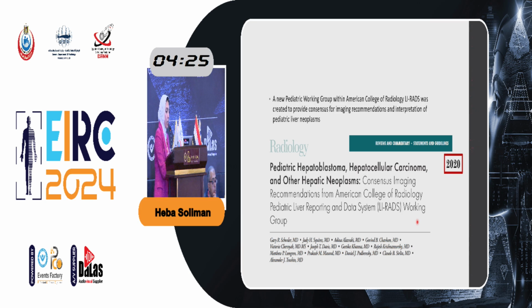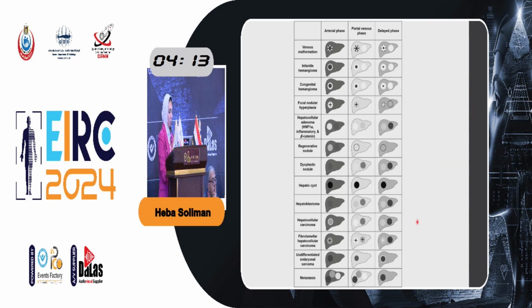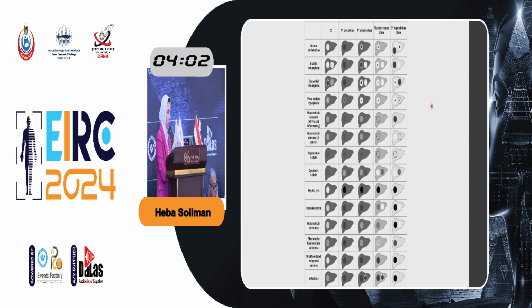In 2020, the ACR developed a consensus for pediatric liver lesions, called the Pediatric Hepatoblastoma and Hepatocellular Carcinoma, with a diagram illustrating the common pediatric liver lesions. The diagram for both CT and MRI is recommended to read and review in a case of pediatric liver lesions.